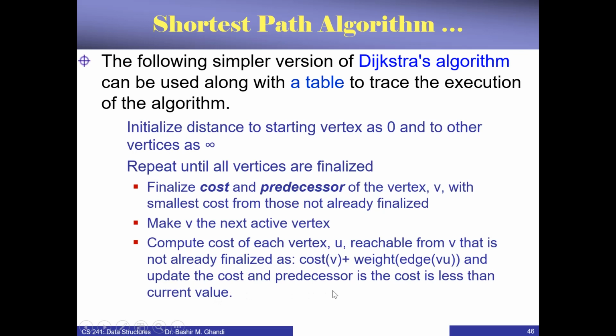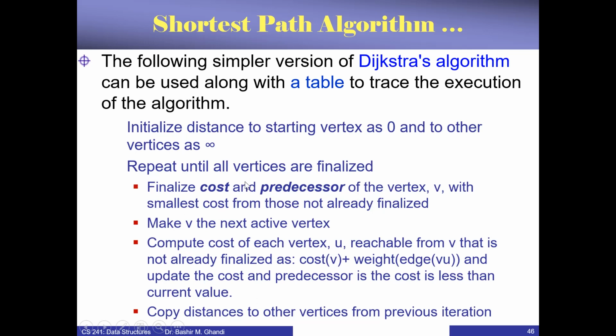For those vertices that cannot be reached from V, you just copy their current distance to the column that you are working on, and then repeat the process. This is what I'm going to explain, following this algorithm in the example I'm going to show you.